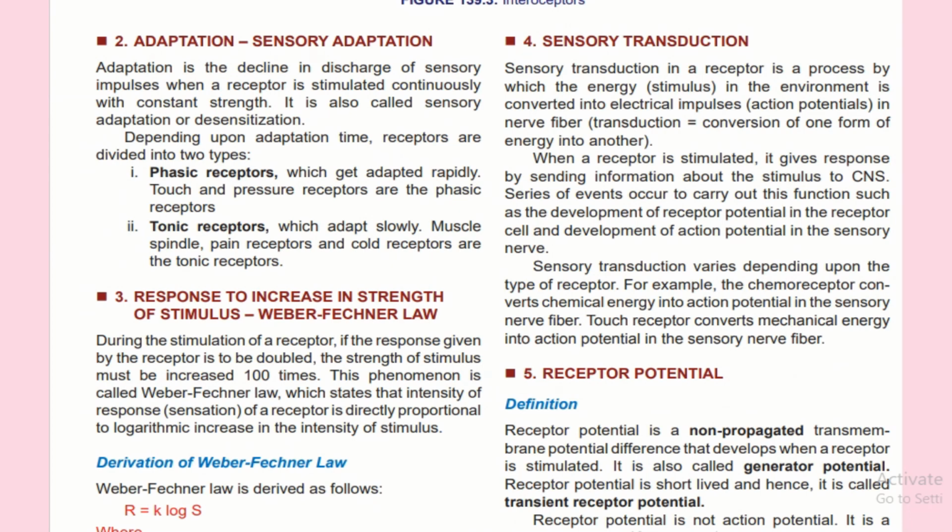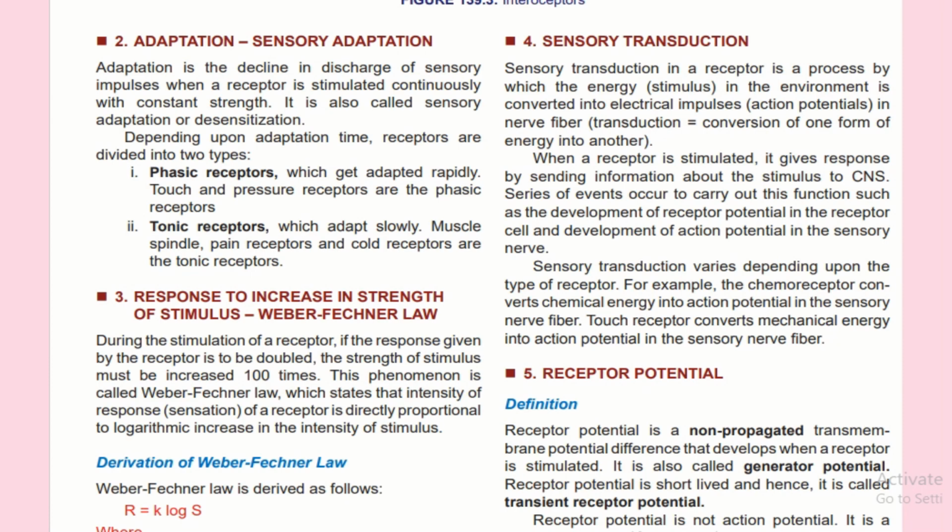Second property is adaptation or sensory adaptation, as we say. Adaptation is decline in the discharge of sensory impulses when a receptor is stimulated continuously with constant strength. It is also called sensory adaptation or desensitization.